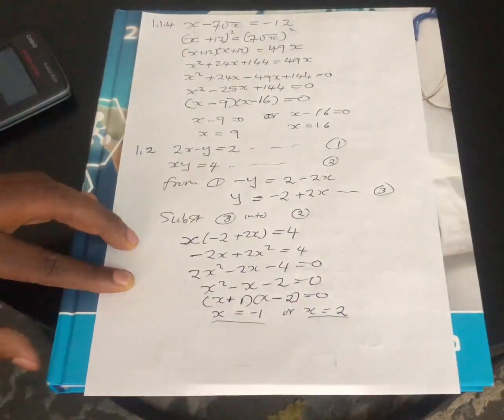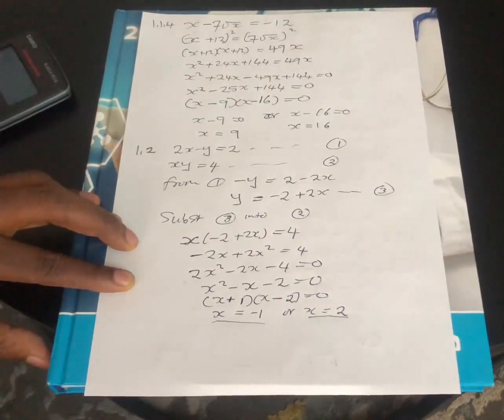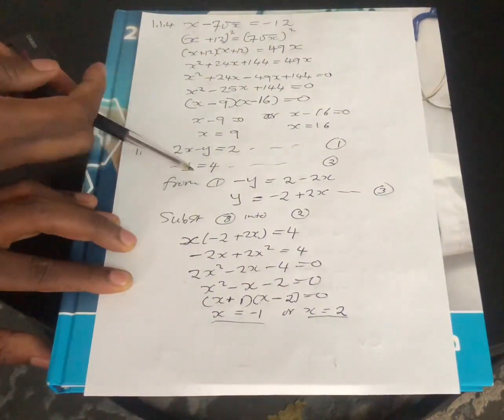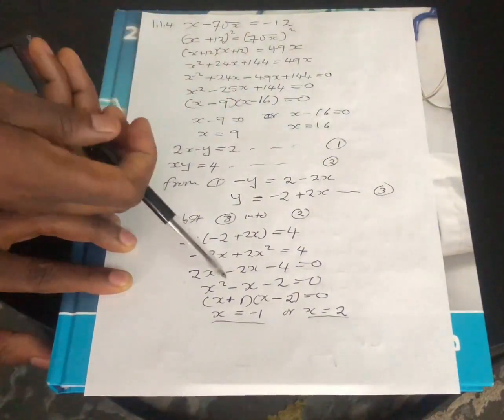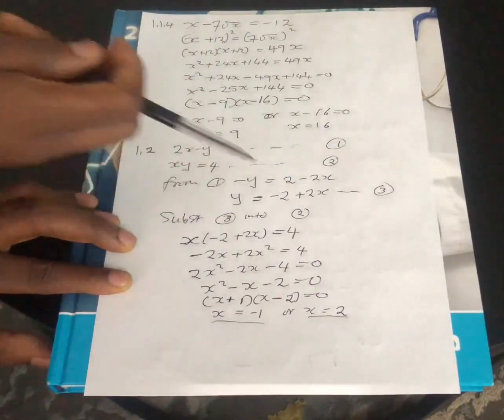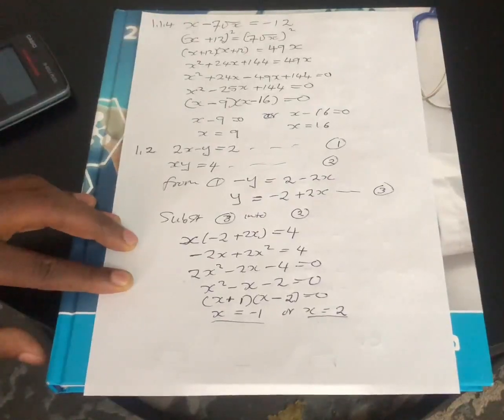So for you to be able to solve for y, you just have to use equation 3, which is this one. You replace x by negative 1, you find the value of y. You also replace x by positive 2, you find the other value of y.